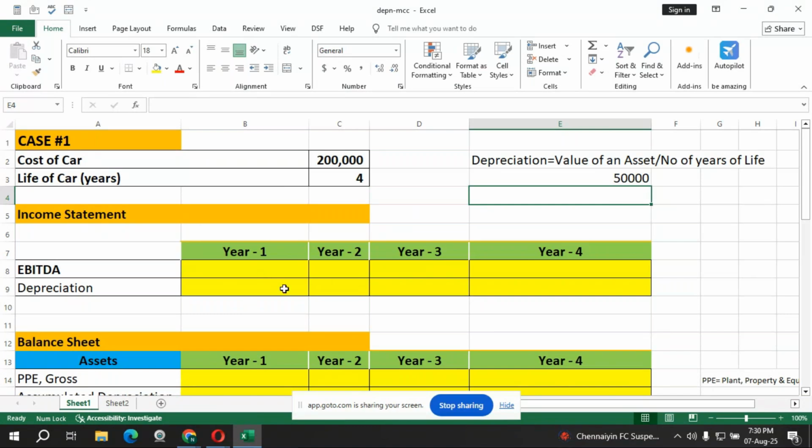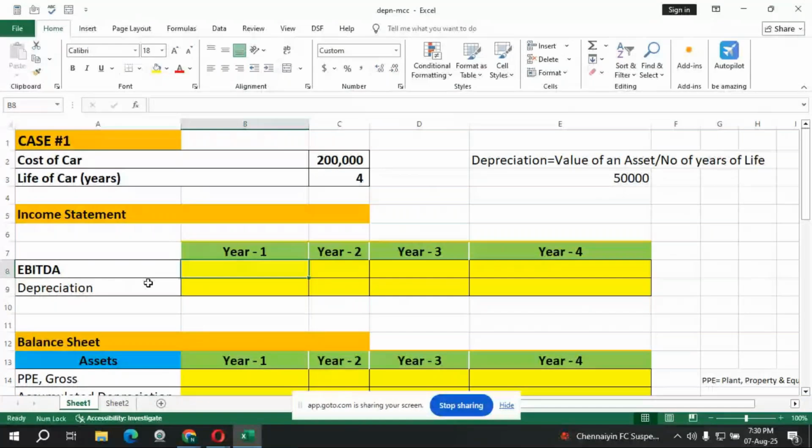Okay. Now I will give you the earnings before interest, tax and depreciation amount here. I will only give you that. And here you will have your depreciation amount being put up. So this you can just enter by yourself. I'll just be typing the amounts. That much you enter and you can stop there. Fine.